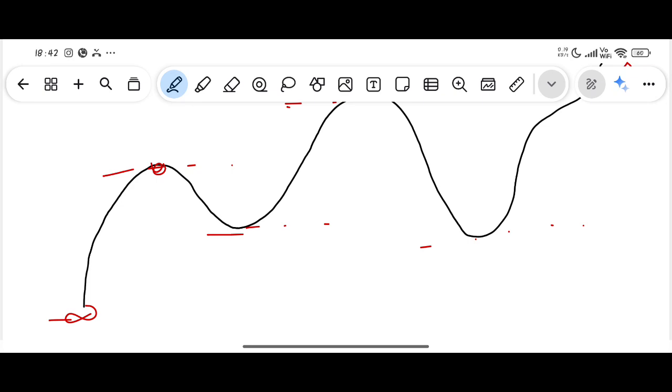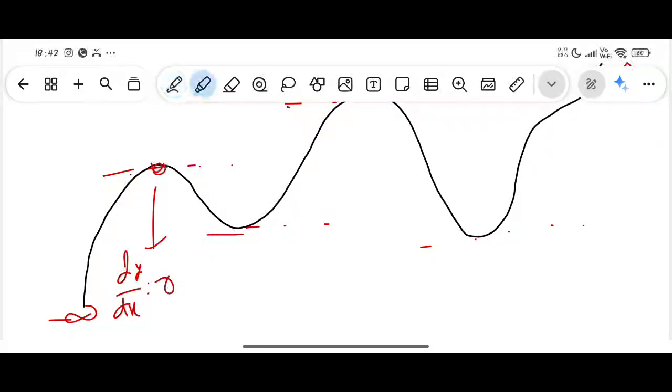In a wave, the upper part is called crest and the lower part is called trough, if I am not wrong. Maybe I am wrong, just check it once. So I'm just using the terms upper part and lower part. If it forms a bound in the upper part, then if you see the graph, you can take it as a local maximum. And if it is a local maximum, then at this point dy/dx is equal to 0.